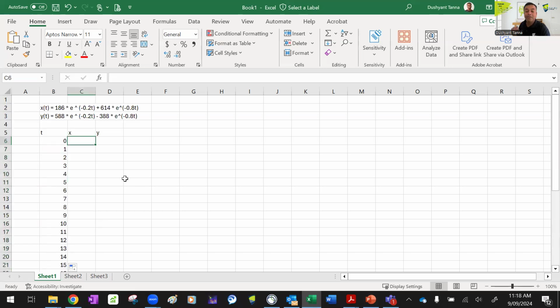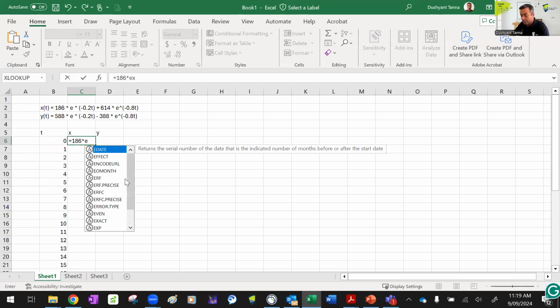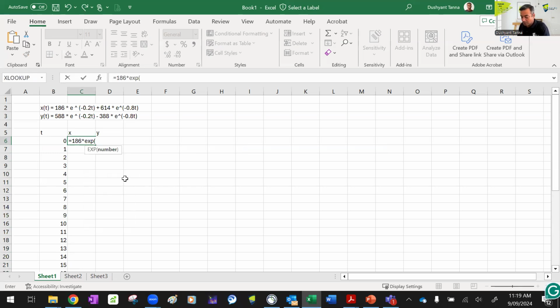Now X. How does it work? See how I type 186. When you write equal to, it will take it as a formula, right? For exponential, we write exp, right? Minus 0.2 times the value of t, okay? Plus 614 times exp, minus 0.8 times the value of t.